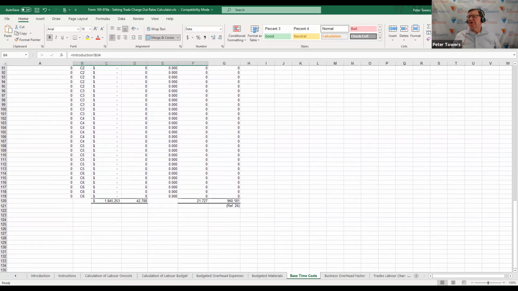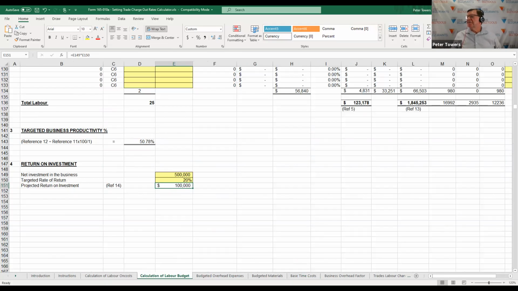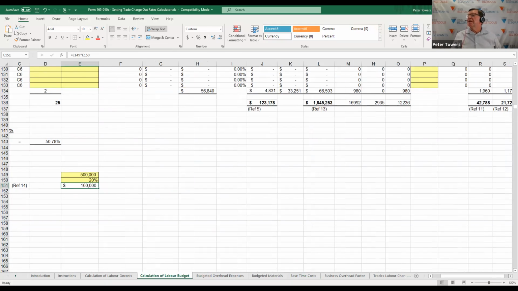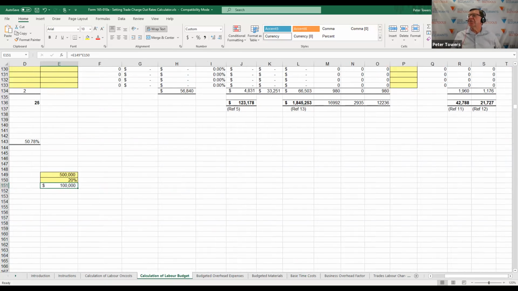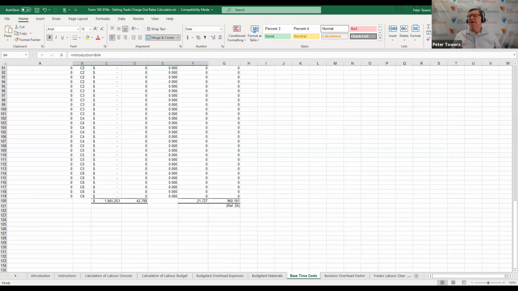Okay, and we just go back to the calculation of labor. There's the chargeable hours, 21,727, and there it is back in here, the 21,727. And there's the total labor costs of 1,845,000. So it's been charged out.